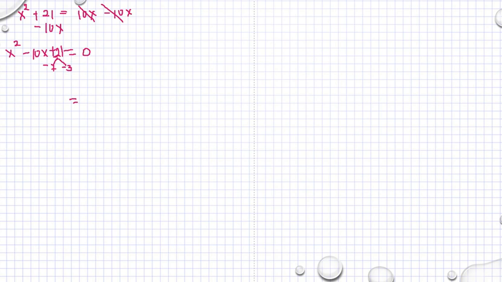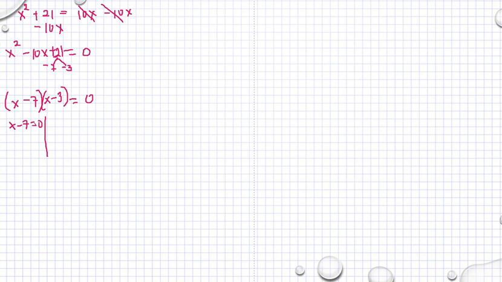Then we have x minus 7, then x minus 3 is equal to 0. Negative 7 minus 3 is negative 10, so it's okay already. Then we have x minus 7 is equal to 0.